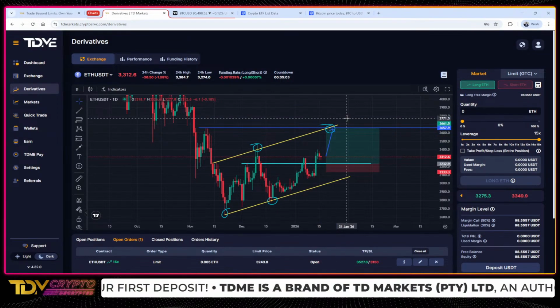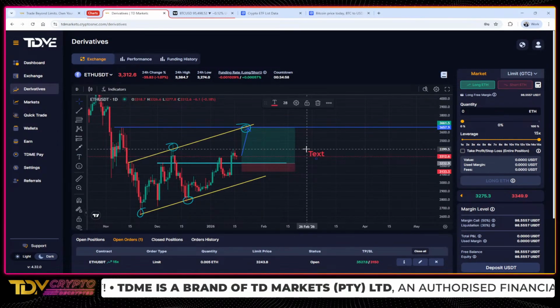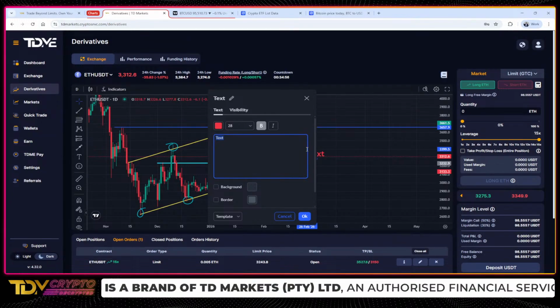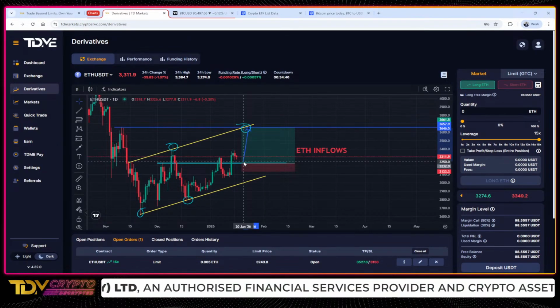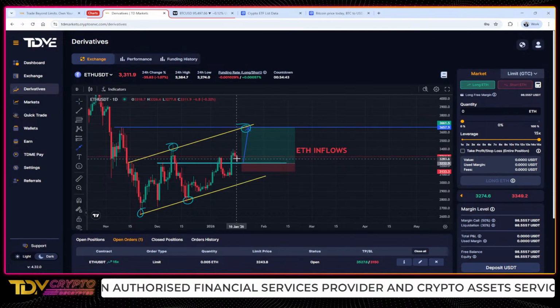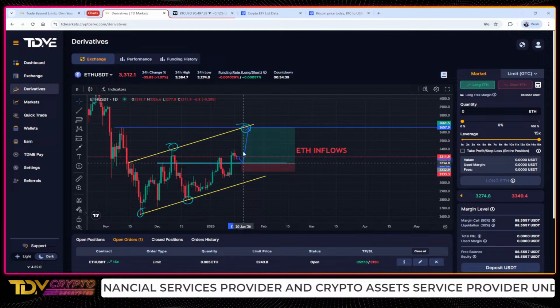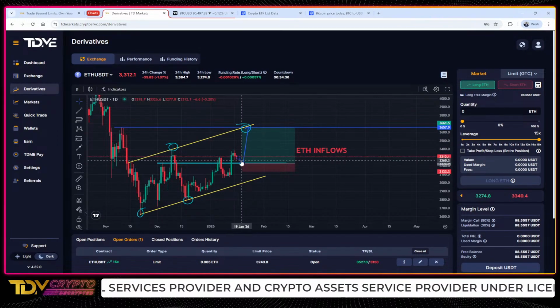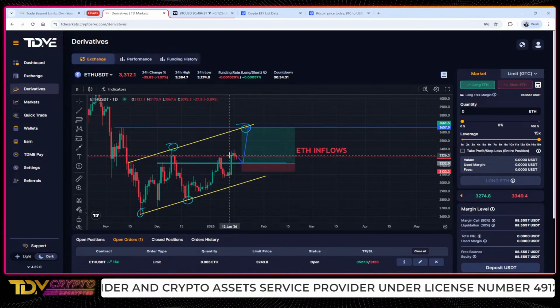Obviously we need ETF inflows to give us this push. We need ETH inflows to give us this move, anticipating a retest of this and then a continuation towards the upside. This is the only possibility I'm going with here.